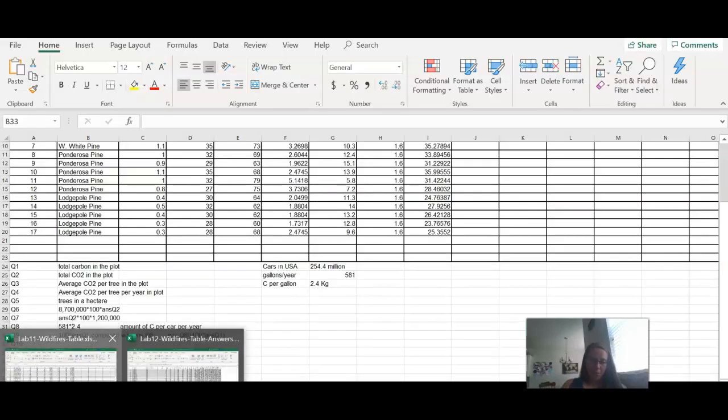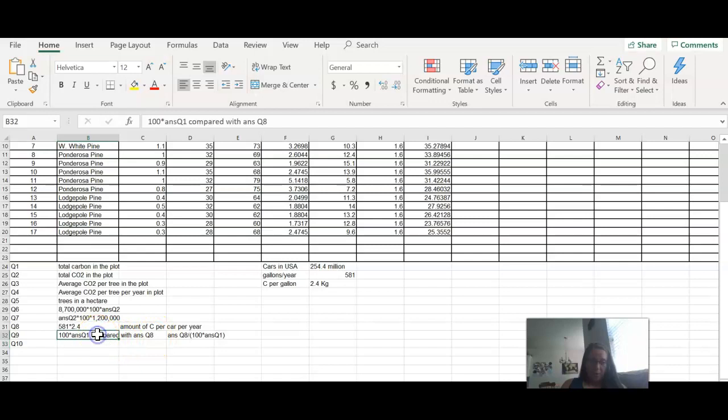If we go to our table, we're going to use the same idea, except that now you're not comparing it to the answer on number 8, but to the answer of number 8 times the number of cars that there are. So you're going to use the same formula really, except that you're going to multiply the beginning times the amount of cars that there are in the USA.